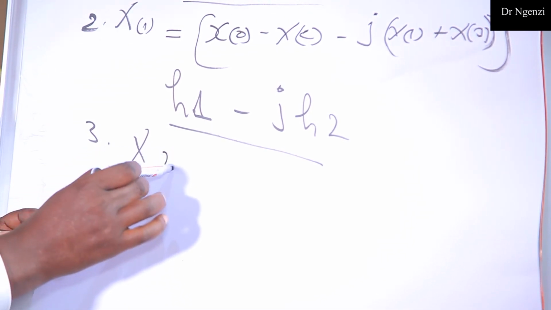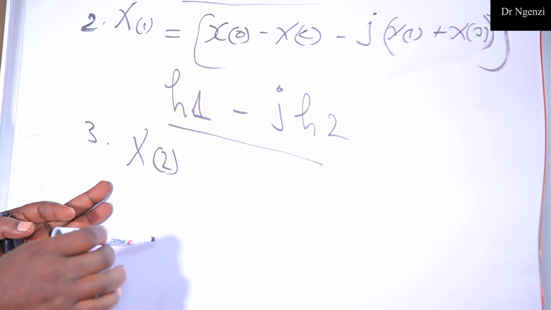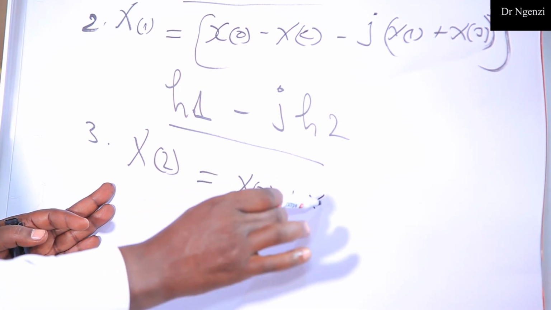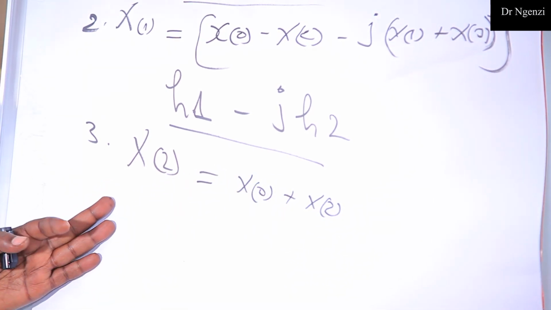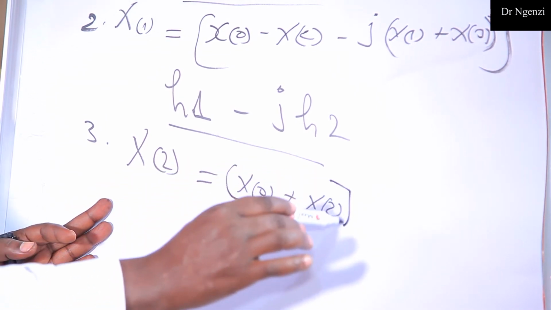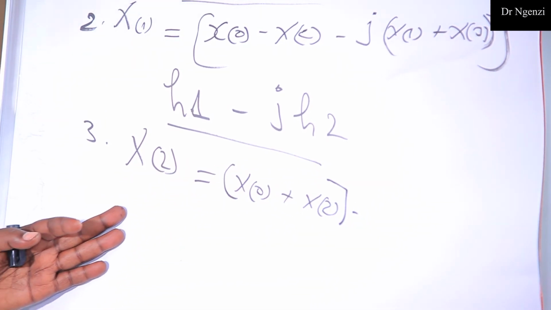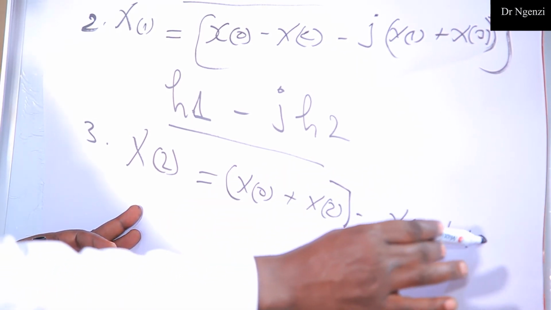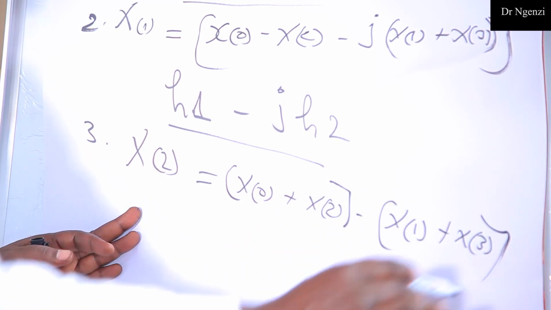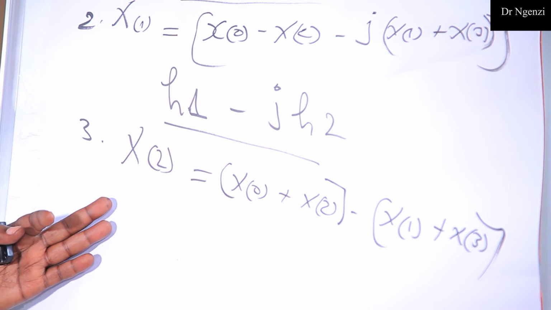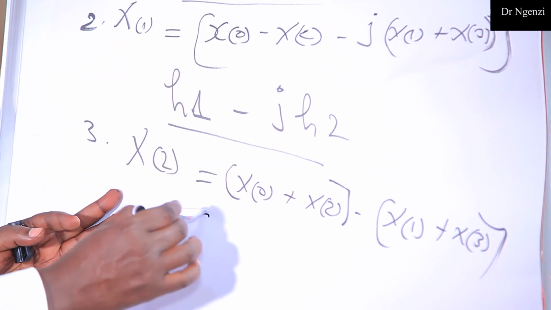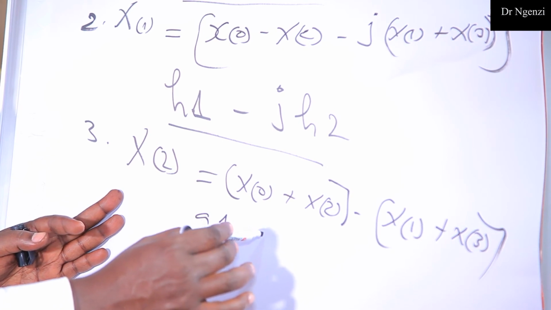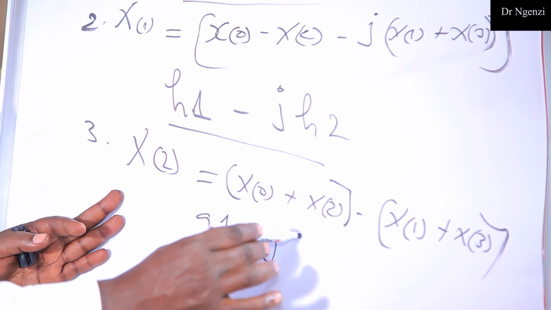At x is 2, it is going to be x of 0 plus x of 2, we are adding the evens, then minus x of 1 plus x of 3. And this is nothing but the difference of these numbers. So you can see only a minus has occupied the space. The rest are the same, G2.